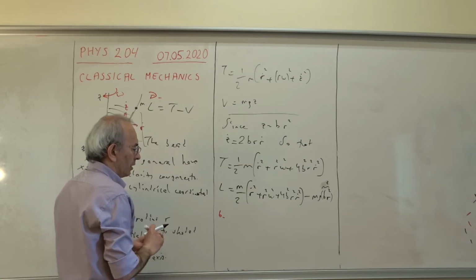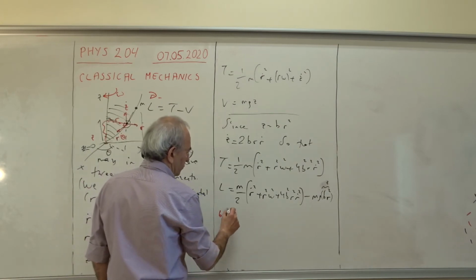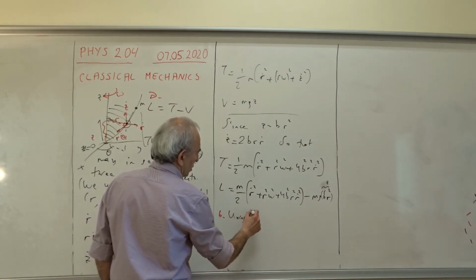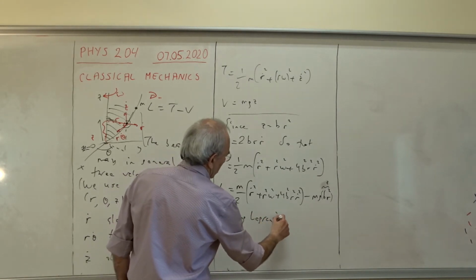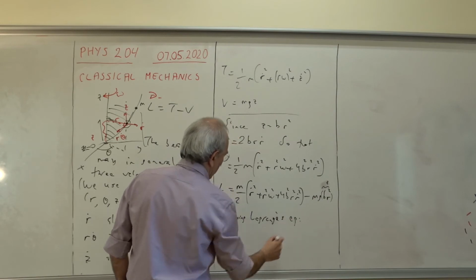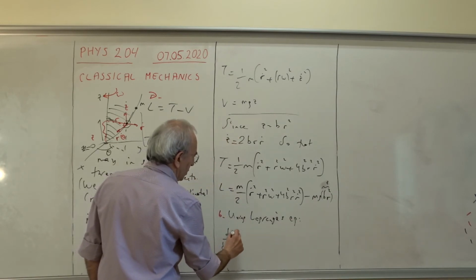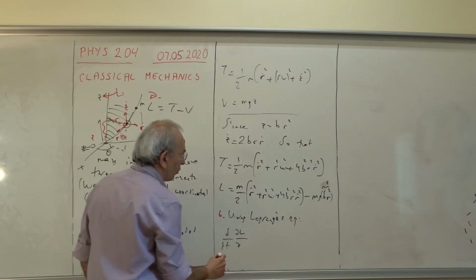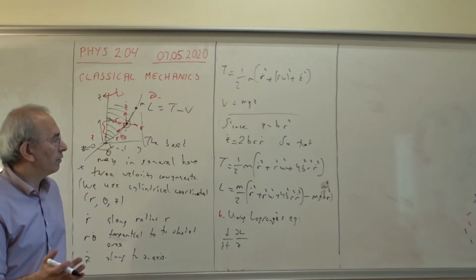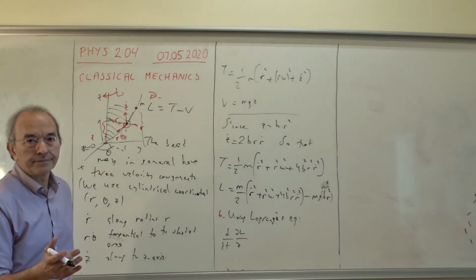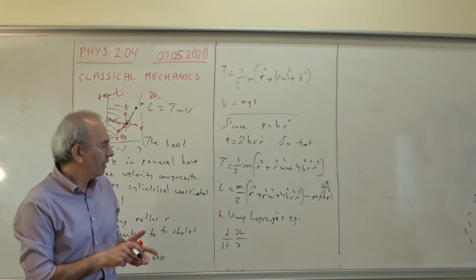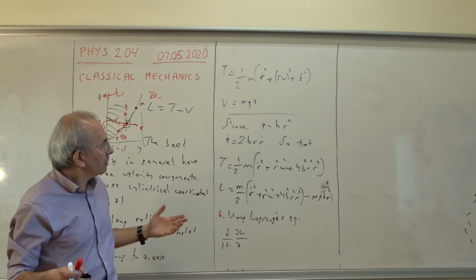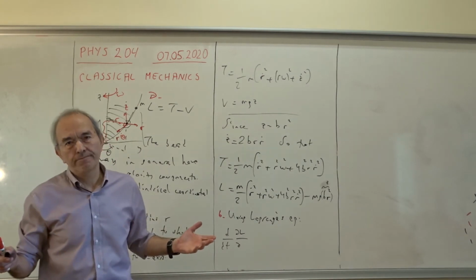Part B is using Lagrange's equation. Let me rewrite it. d by dt, del L by del, what is the variable now? The variable is r. In the original equation we had x here, but there is no x appearing in this equation.